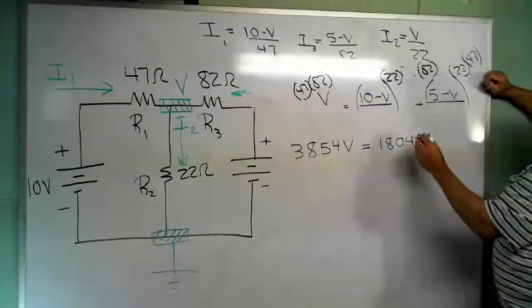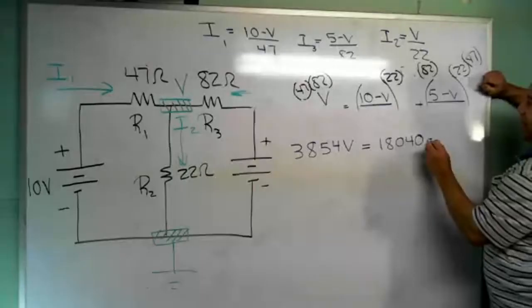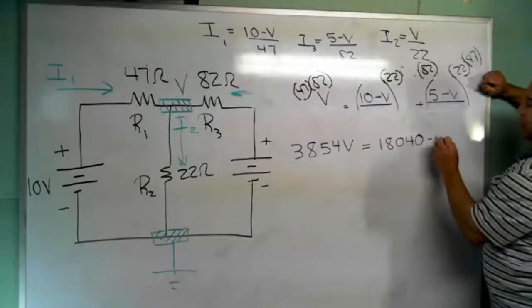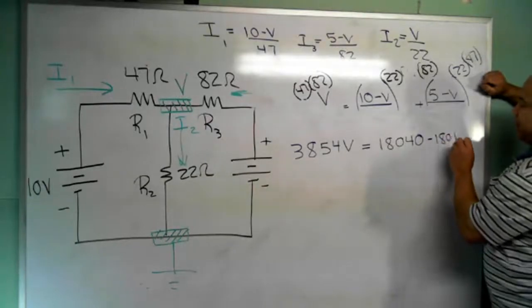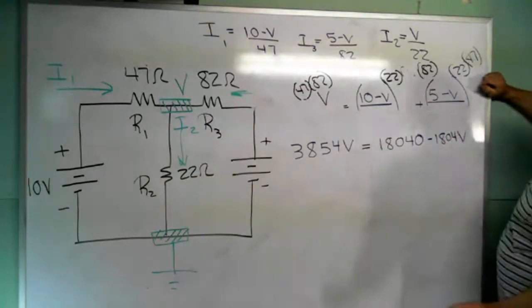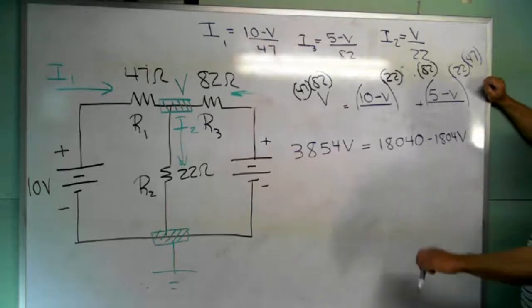Yep. And then I got to multiply by V, so I get minus 1804V. And this is going to be confusing because I got to continue this on another line.